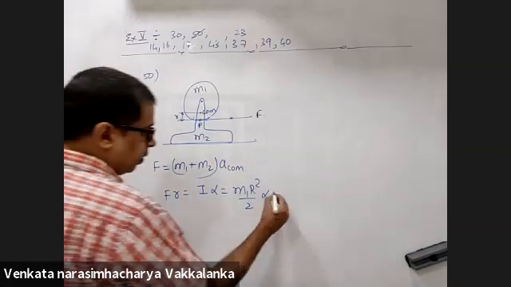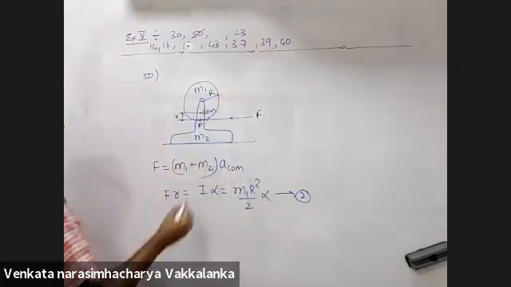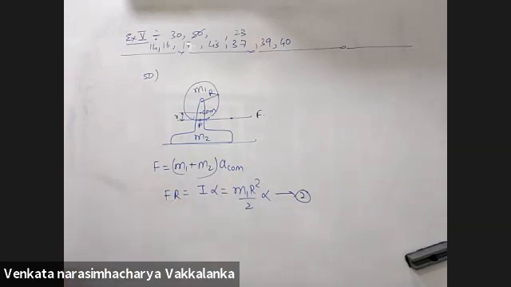Capital R is the radius of this disc. Torque is F into capital R, sorry.